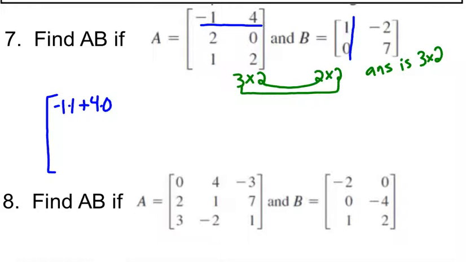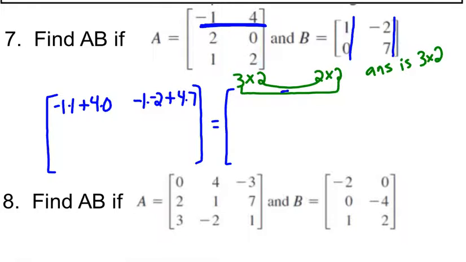To get the entry next to it in row 1, column 2, you take row 1 again and column 2. So negative 1 times negative 2 plus 4 times 7. Now, if you would like to go ahead and do those, if you already did them in your head, that's fine. So we get negative 1 plus 0 and 2 plus 28. Those are our entries there.